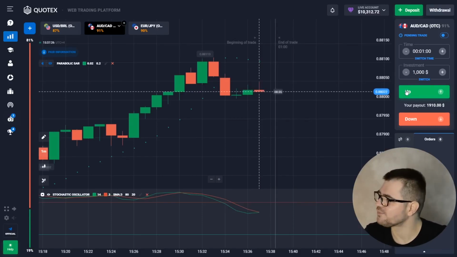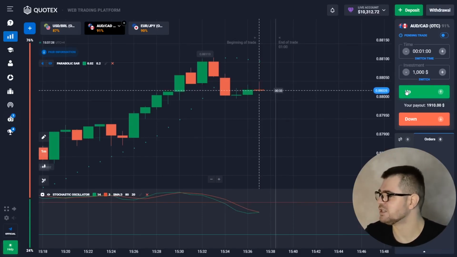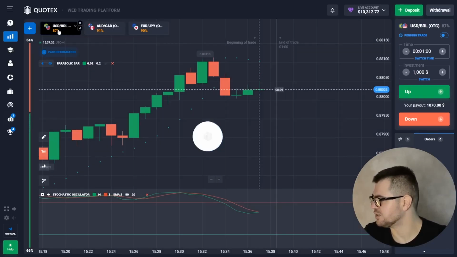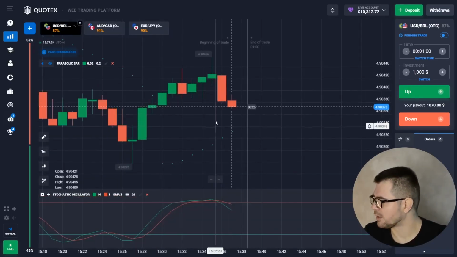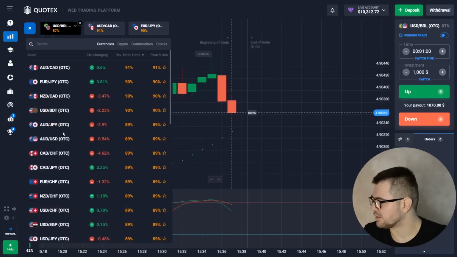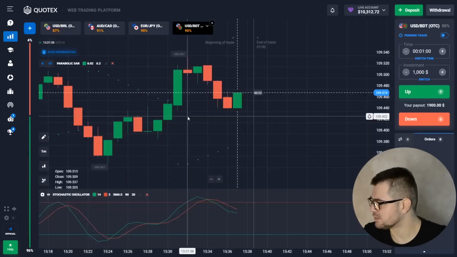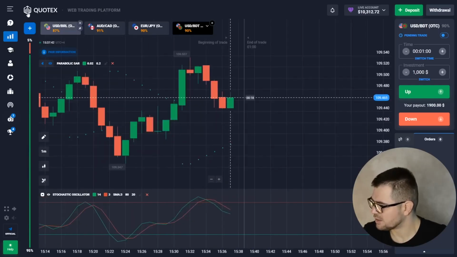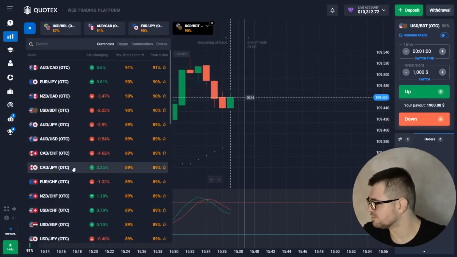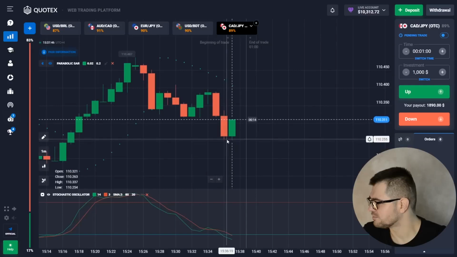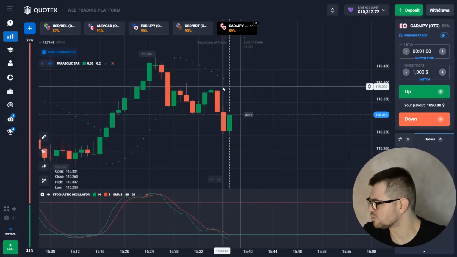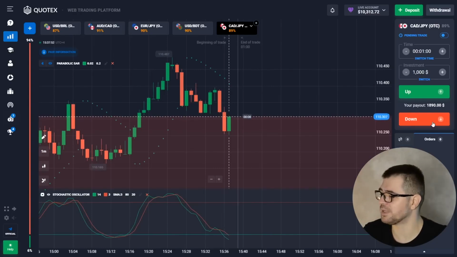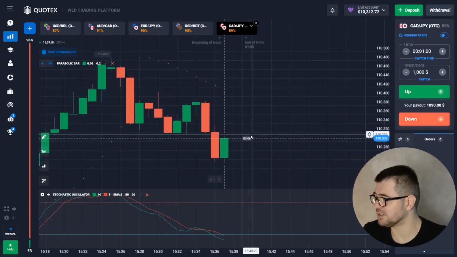Okay, the next option, shall we do, let's change to this currency. Okay. Let's just try this here. So we see the, okay, let's just jump into this trend here.